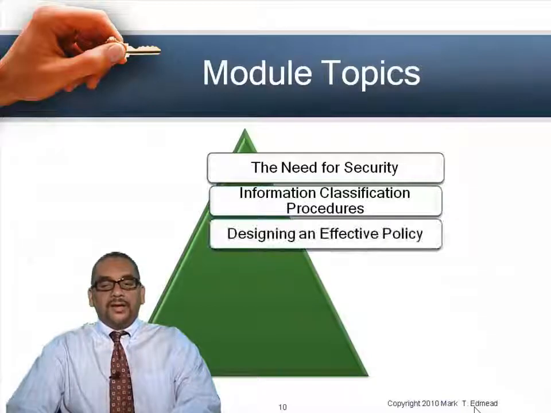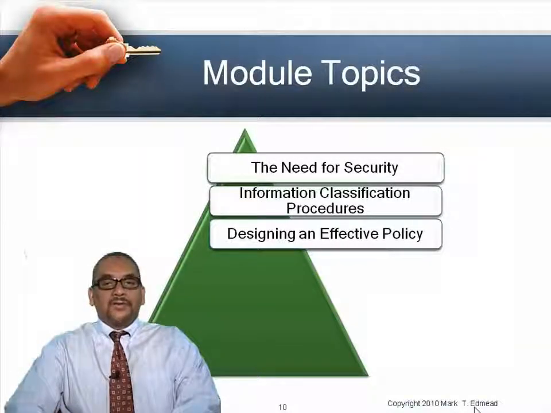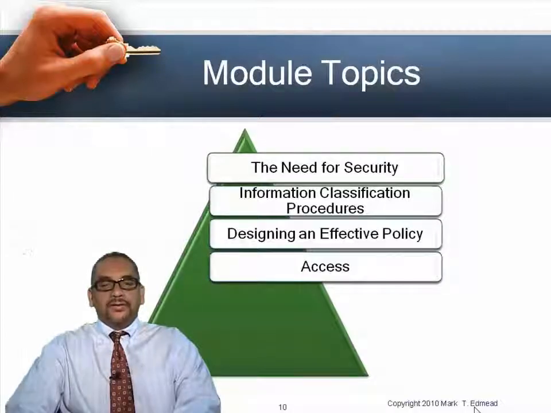An organization really lives and breathes information security because of the security policy. In other words, what is the posture that the organization has as it relates to the security? Everything has to come from the policy. So we're going to talk about what a policy is, how to design an effective policy, and also how to implement it.